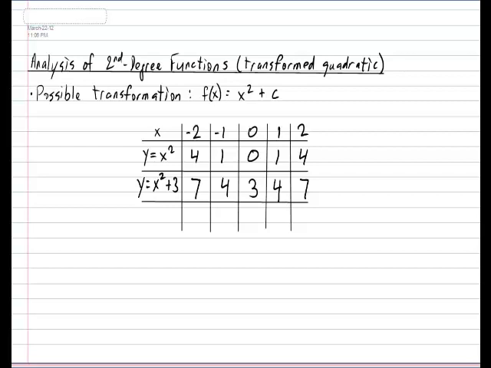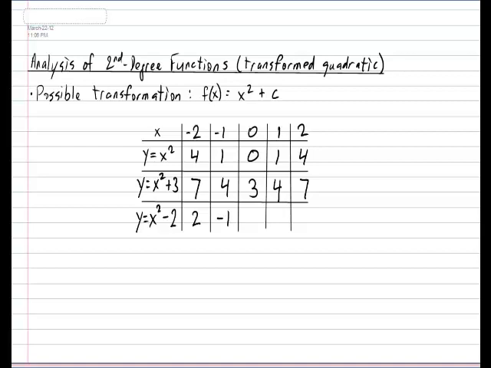Now, let's do one more. Let's try this one. y equals x squared, but this time, let's take away 2 from that. Alright, let's try it. When x is minus 2, minus 2 squared is 4, and 4 minus 2 is 2. When x is minus 1, minus 1 squared is 1, and 1 minus 2 is minus 1.